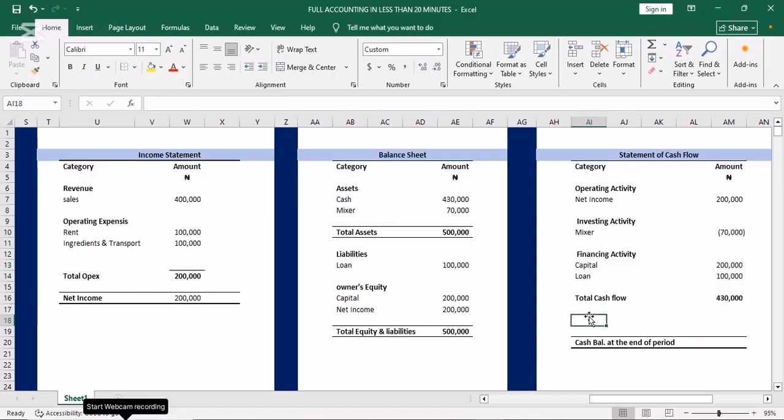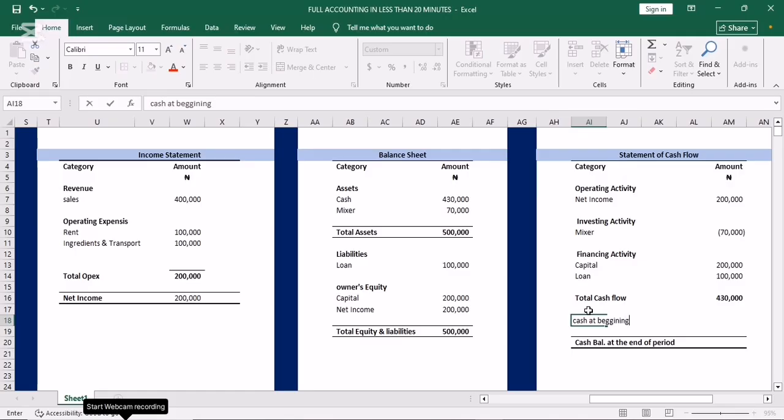Alright, so the next, which will not be applied to this situation because the business just started, so there was no cash balance or cash brought forward for this period, but let's have it for the sake of having it. Okay, we put up cash at the beginning of the period.